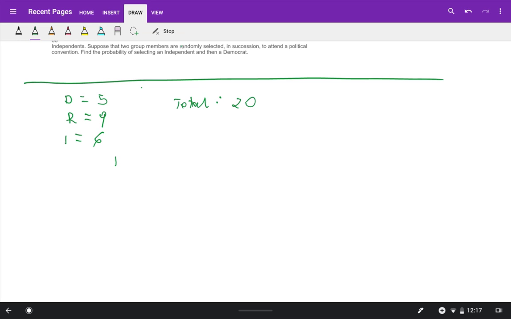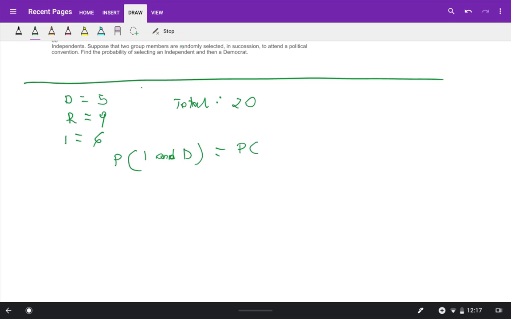You have to find the probability that you will select Independent and then Democrats. Why is this dependent? Because when you select Independent, one person from 20, then when you select another politician, you have a choice from 19.